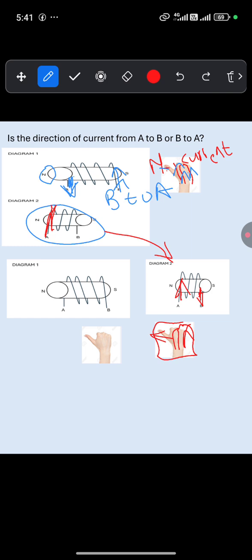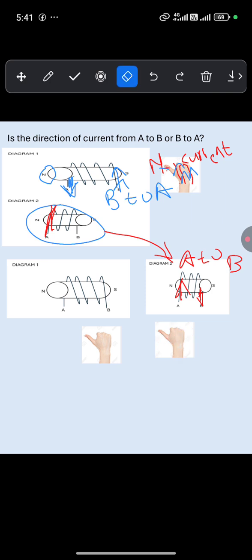So the current here is from A up to B, because in front we are going up, then at the back we're going down, as I'm indicating. You point in the direction of the north, then you curl your fingers like this.